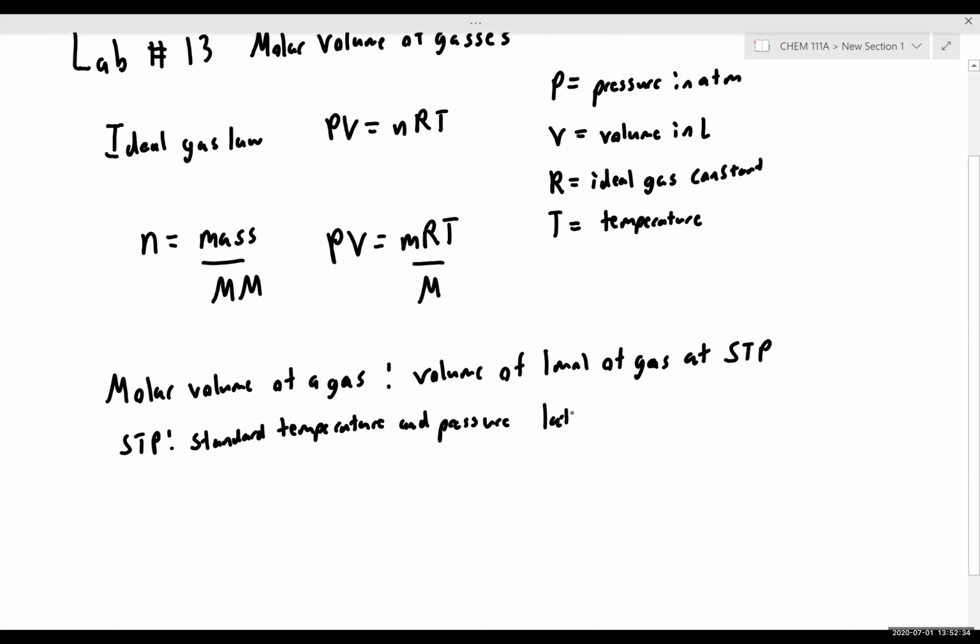The pressure at STP is 1 atmosphere, and the temperature at STP is 273 Kelvin. Okay, so we want to know the molar volume of a gas at STP.